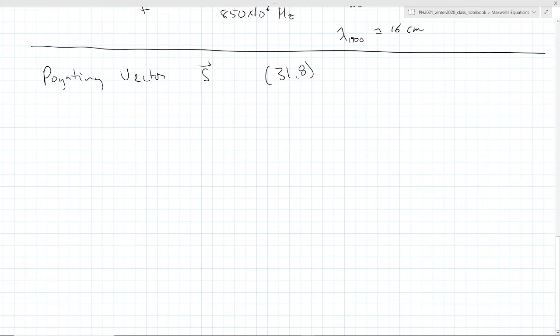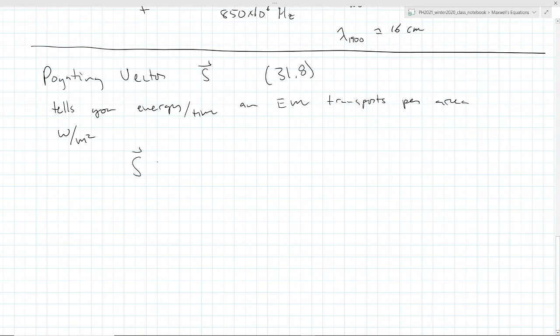And this is important because it tells you how much energy per time the electromagnetic wave transports per area. So in other words, this has units of watts per meter squared. And the Poynting vector is given by the following.